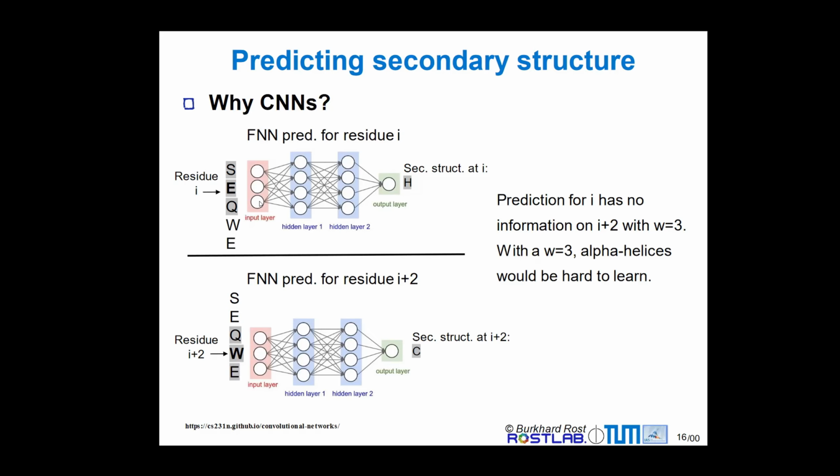So the bottom line here is really you throw in a certain fixed window size. For a feed-forward neural network, you always have to predefine a certain window size, in this case 3, and then no matter what you do, you cannot allow the network to actually process information from the W or the E. So this will always be limited to whatever window size you chose at the very beginning.